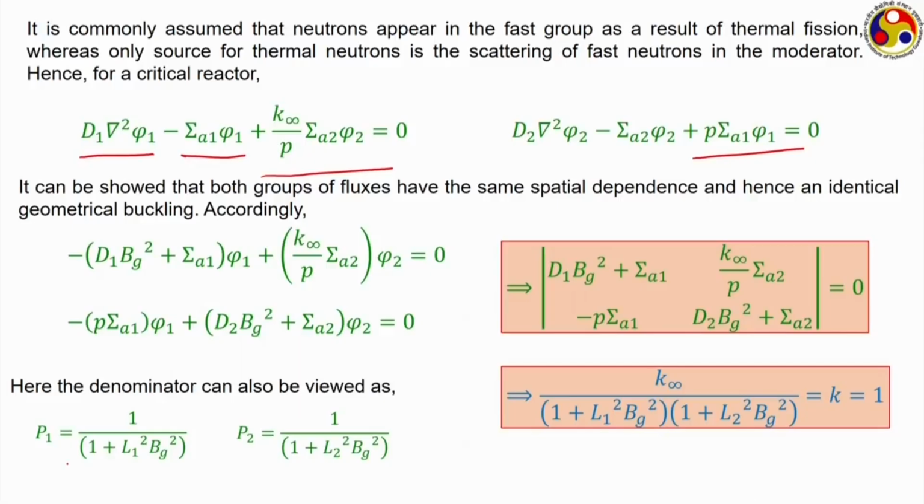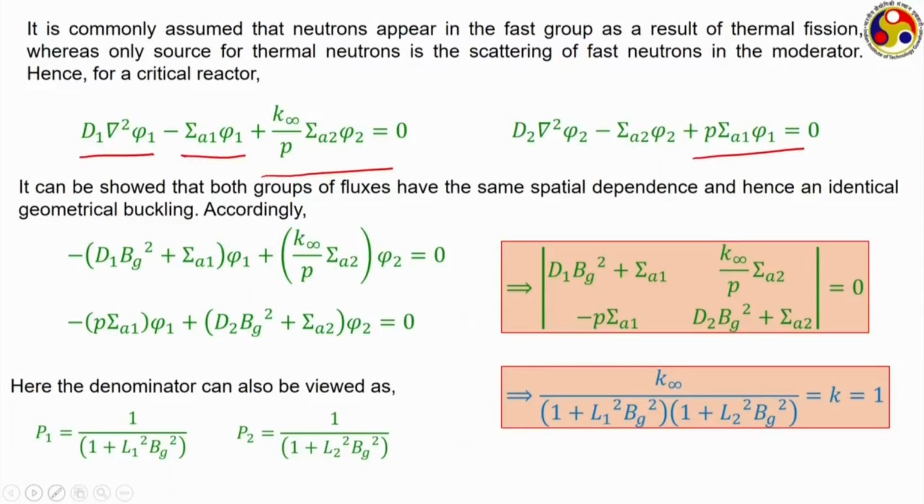So, instead of P1 we can also write this as Pf, and this as Pth. These are the two non leakage probabilities, because that includes the diffusion length for zone 1 and diffusion length for zone 2. So, this way we can analyze these two different groups of neutrons.